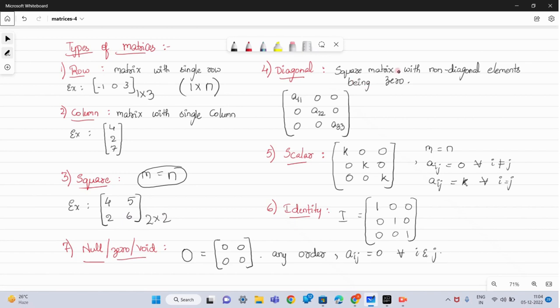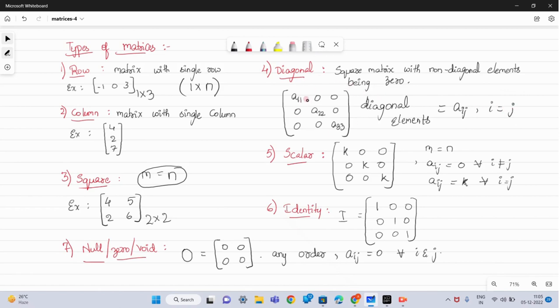Next, the diagonal matrix. It is also a square matrix, but with non-diagonal elements being 0. Before this, what are the diagonal elements? Diagonal elements are those elements in which i is equal to j.